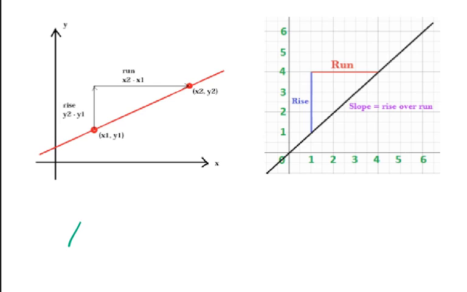So let's look at the example on the left here. There aren't any numbers on the coordinate axes, so we're not going to be actually finding an answer. We're just looking at it to try to figure out what's happening here. Notice they give us 2 points. They give us this point and they give us this point.